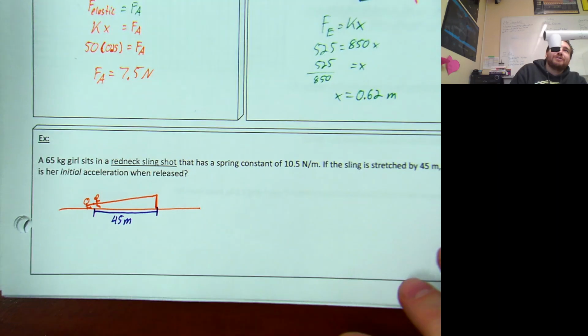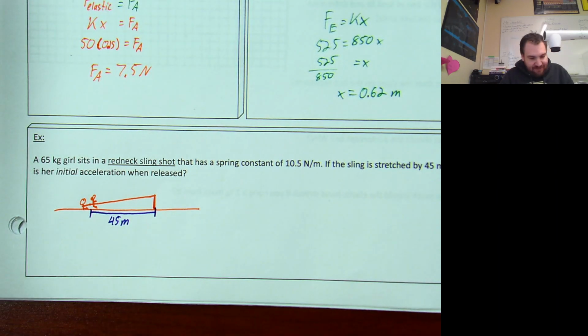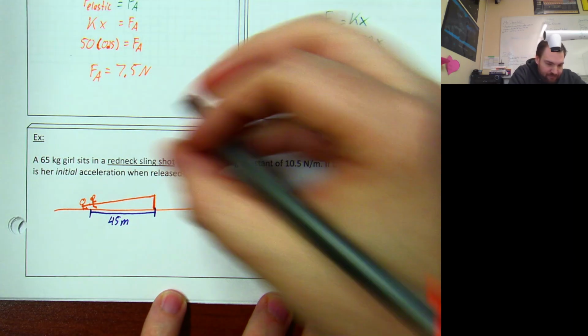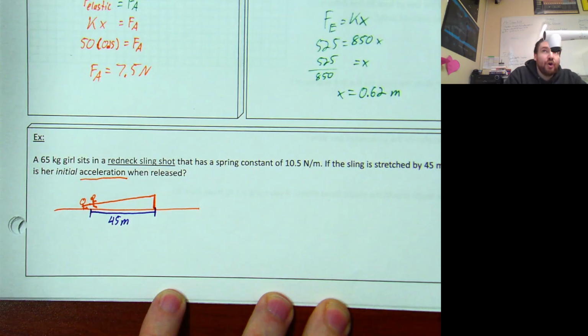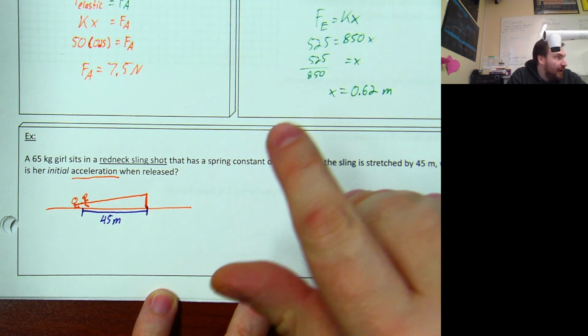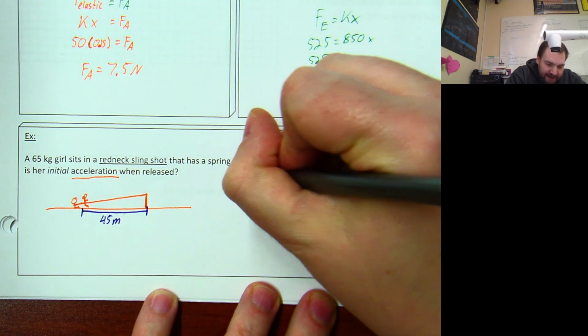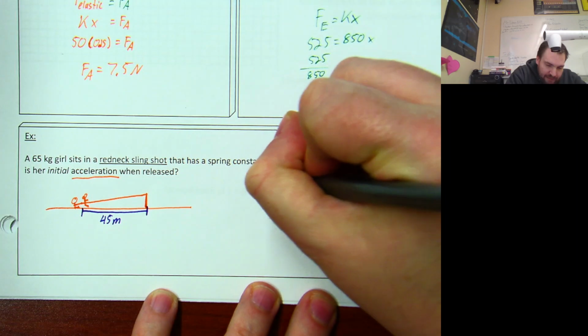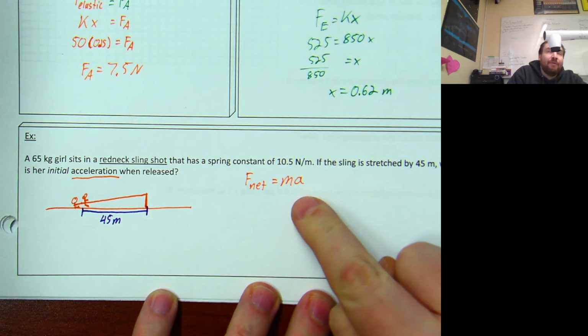Okay, so the question is, what is her initial acceleration? Well, if we want initial acceleration, we're going to have to apply what we now are seeing in Hooke's law to F equals ma. So now we've got F net equals ma, and this is the a I want to find.